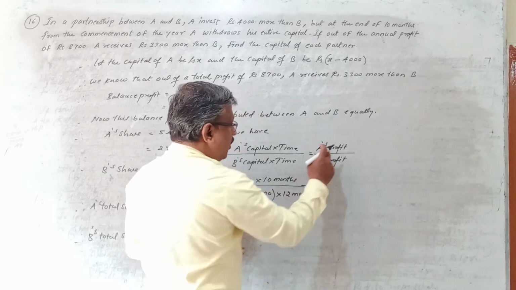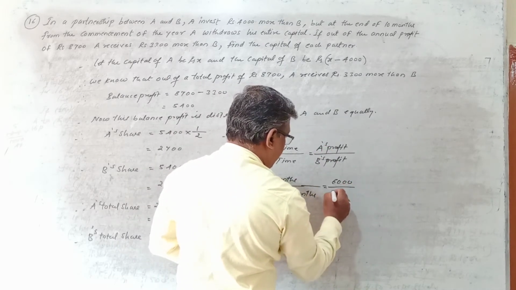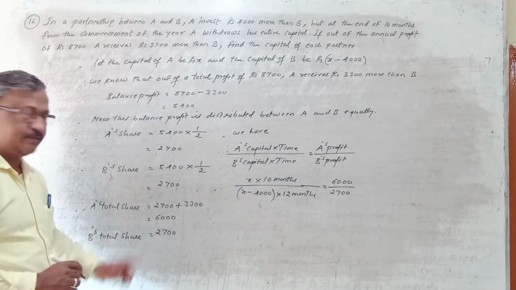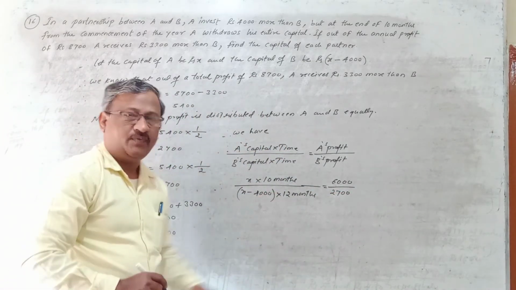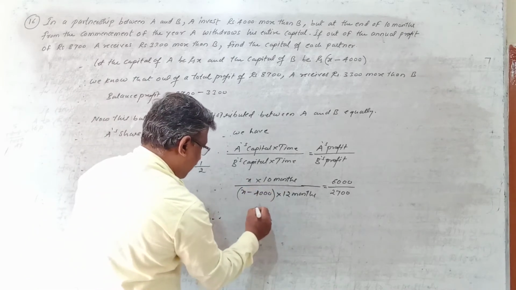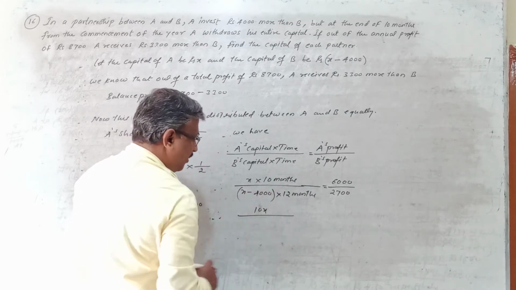This is equal to A's profit, which is 6,000, and B's profit, which is 2,700, as calculated here. Now simplify this equation. First multiply X into 10, you get 10X, divided by X minus 4,000 multiplied by 12.